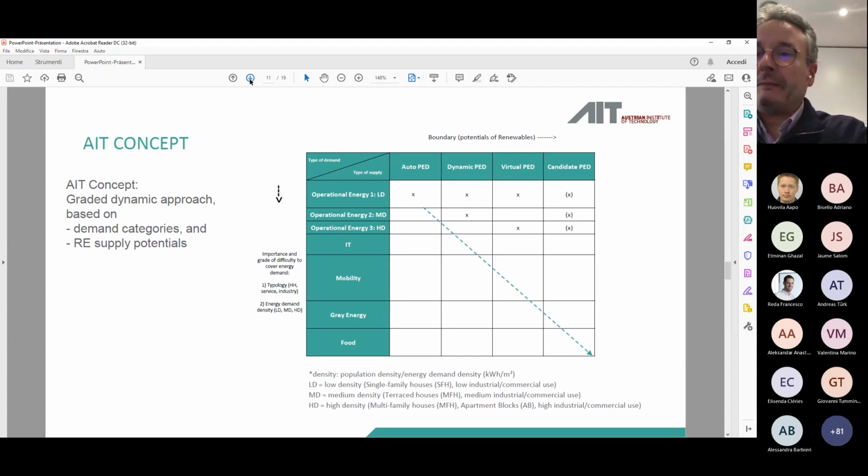This is the ambition level, here the x-axis. On the y-axis, you could include the dimensions that you want to include. You could start from the operational energy, and then gradually also include IT, mobility, even gray energy. And in the long run, you could also think about to what extent food supply can be covered here. Next slide, please.